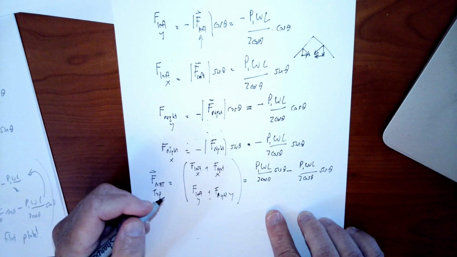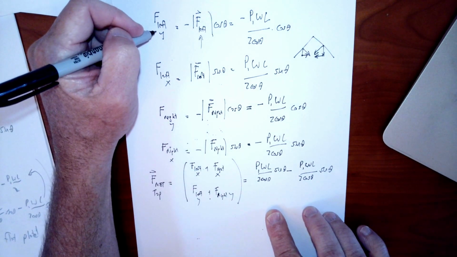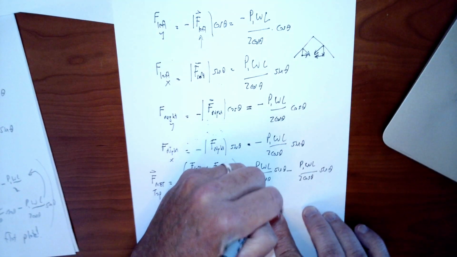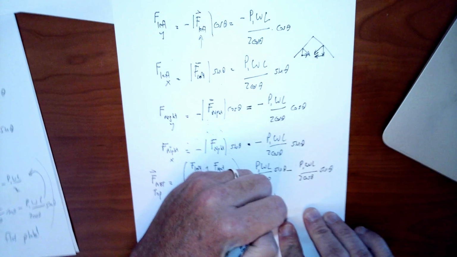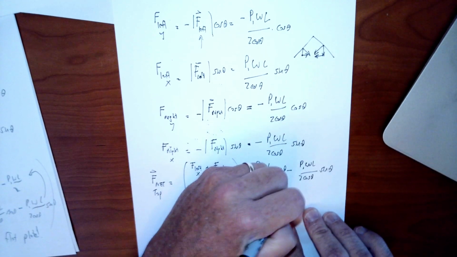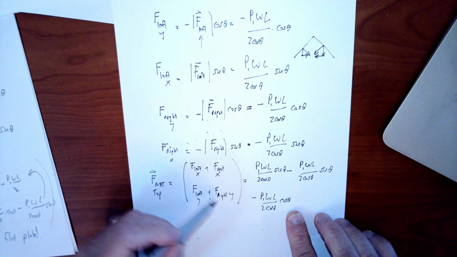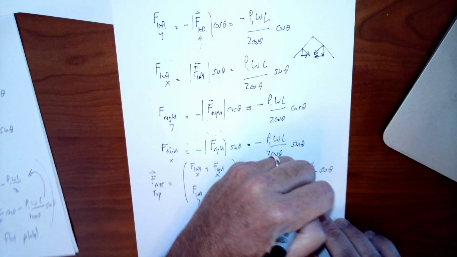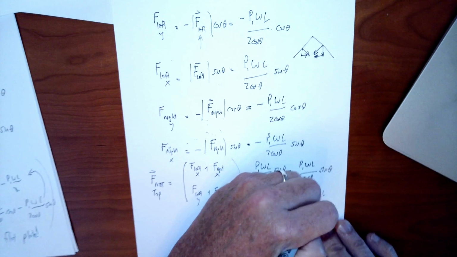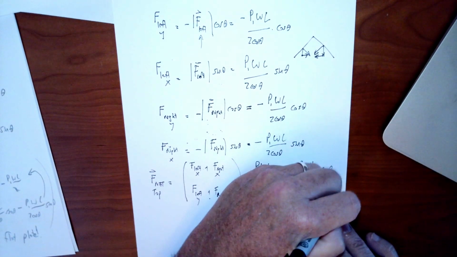And then for the y component, I have F left y, negative P1 WL over 2 cosine theta, and then I have F right y, which is also negative P1 WL over 2 cosine theta.